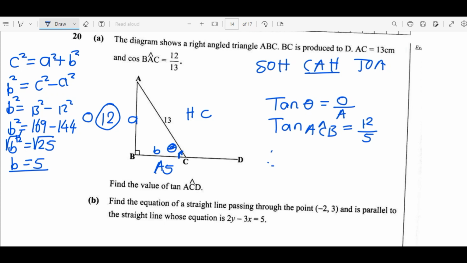Now, therefore, tan ACD. If you have this angle here, how can you find the outside angle? The outside angle is, you just have to introduce the negative to whatever you have. So negative 12 over 5 is the final answer for that one.